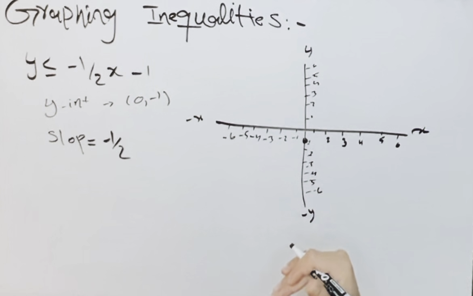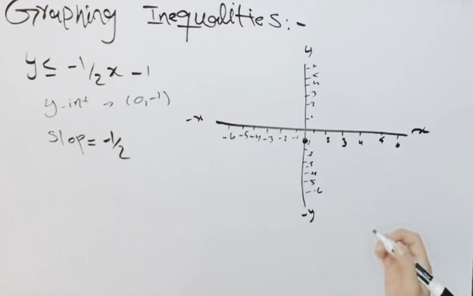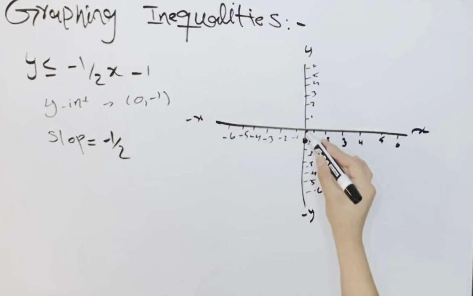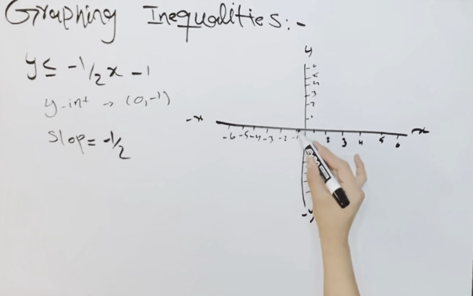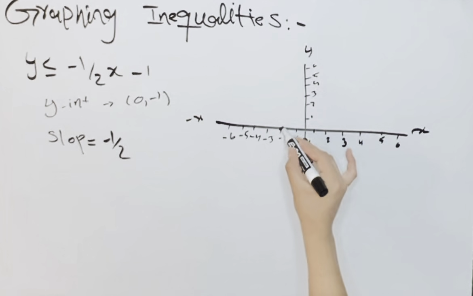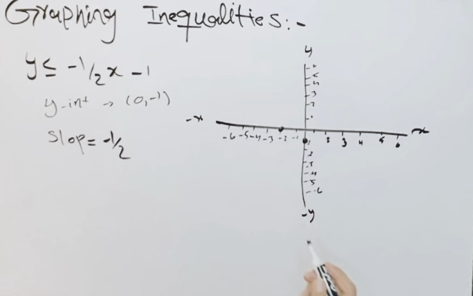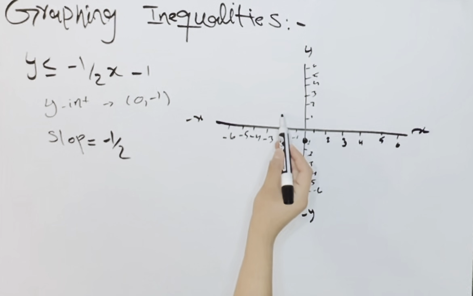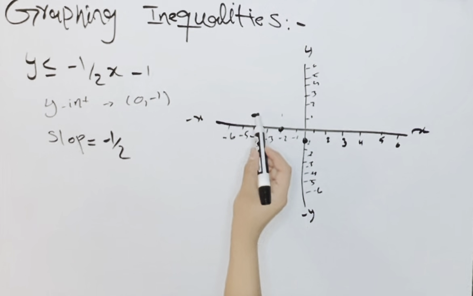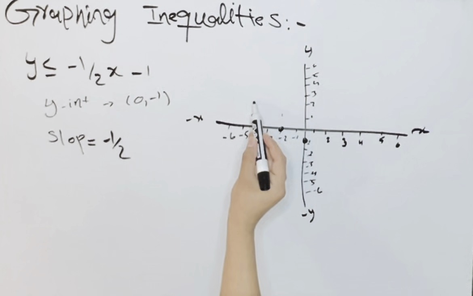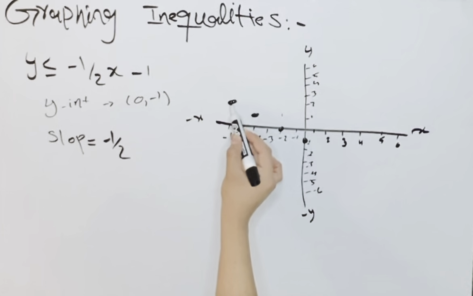If I go down, I should turn right to do something negative, okay? Now I'm going up once, and then I'm going to go to the left 1, 2, twice. Now I go up once, and then I go 1, 2. I go up once, I go 1, 2.